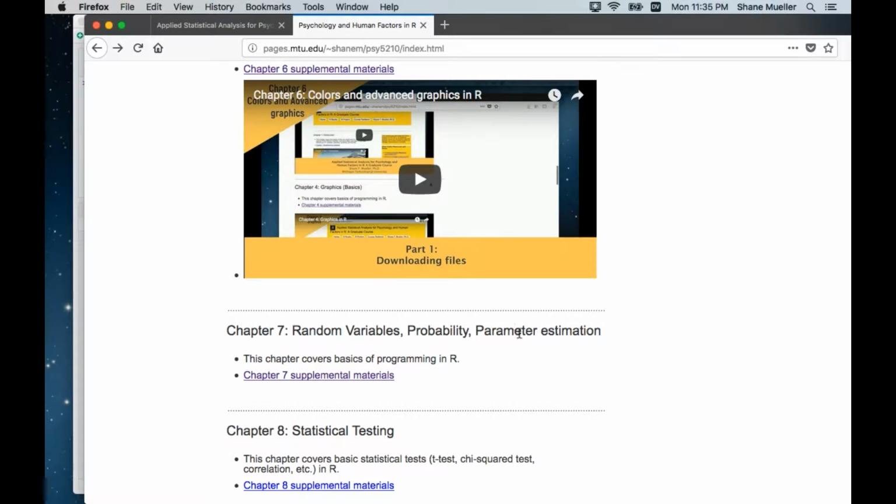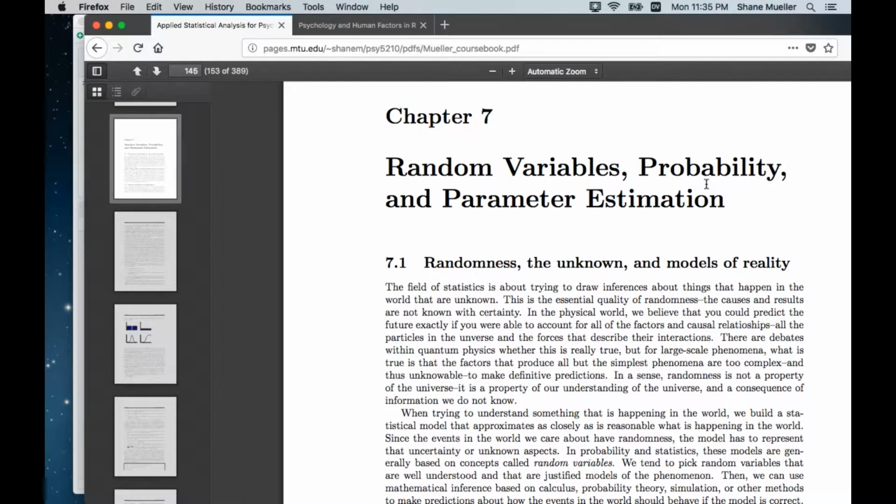The basic idea for what I'm going to do today is talk through a lot of the examples in Chapter 7. Especially at the beginning of Chapter 7, there's a lot more reading to be done that I'm not going to cover in detail. This should be a review if you've taken other stats courses before, but it's good to have a reminder.